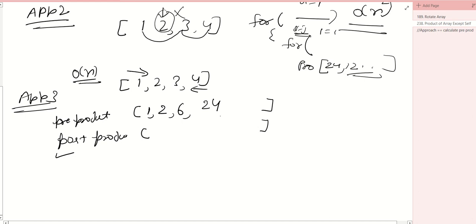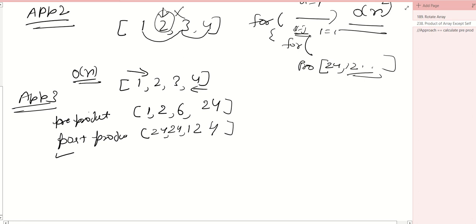For post-product we start from here. At the last it will be 4, then 4 into 3, 12, and then 4 into 3 into 2, that will be 24, and then again 24.